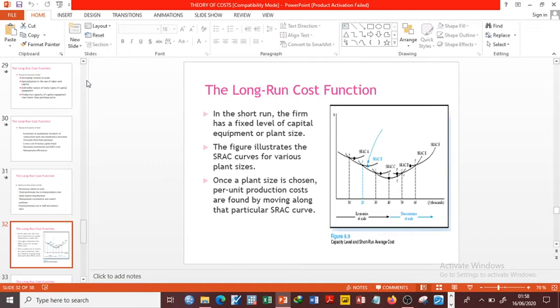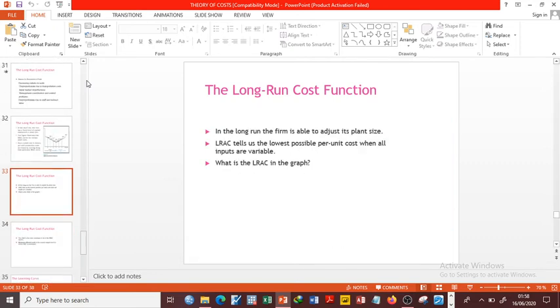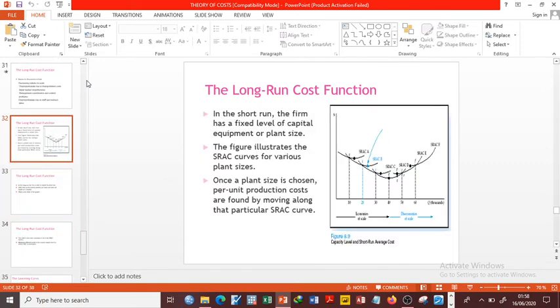That's why here we have this curve being explained by economies of scale and diseconomies of scale. The long run cost curve will be an envelope curve that will envelope these short run cost curves in the long run, right?